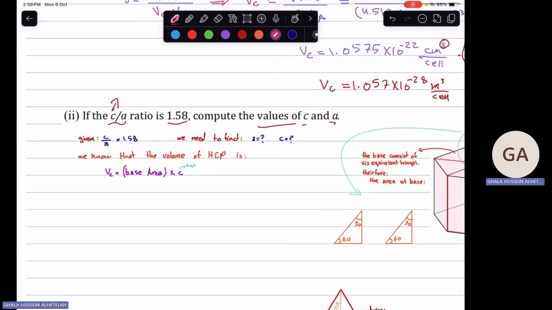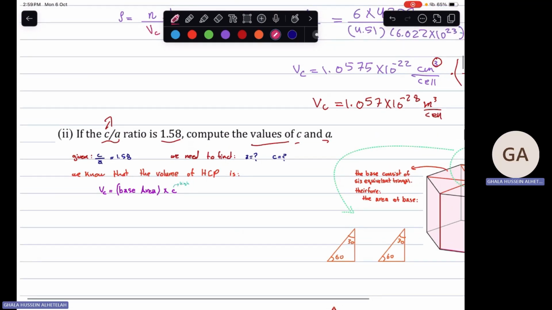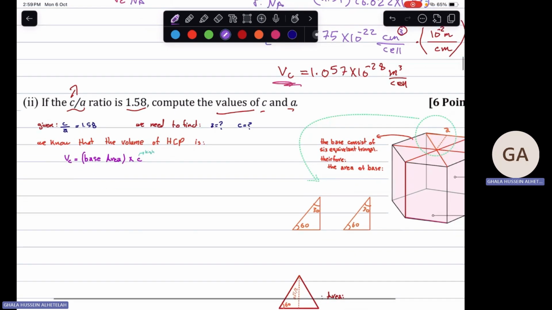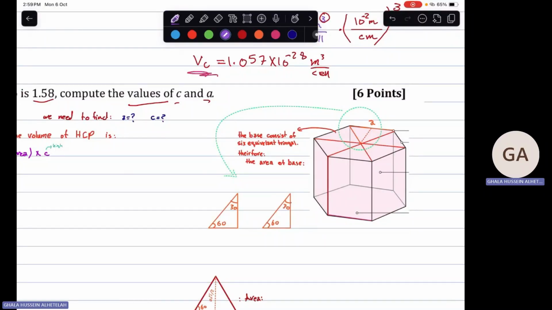What are we going to do? We can find their values by using the volume, which we already found the value of. Okay, how are we going to start? We are going to find an equation that represents the volume of the hexagonal.